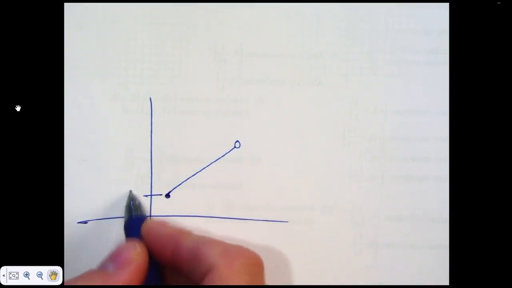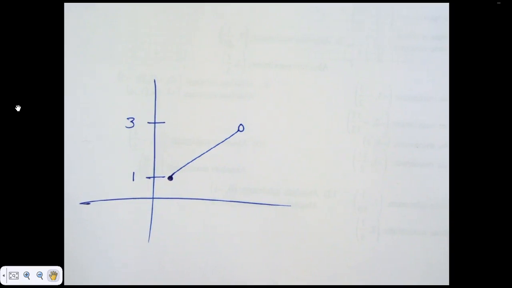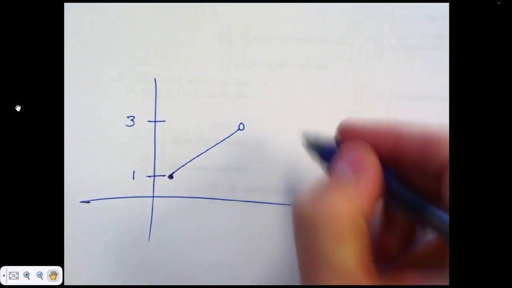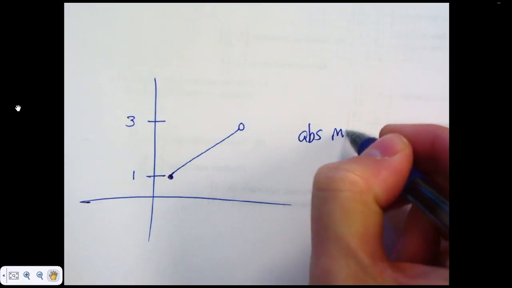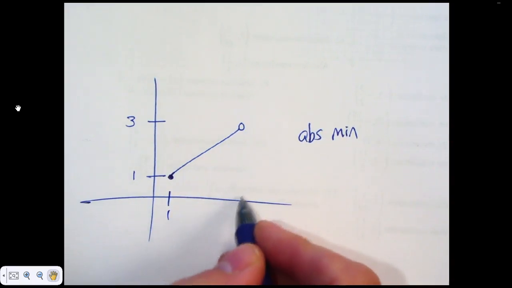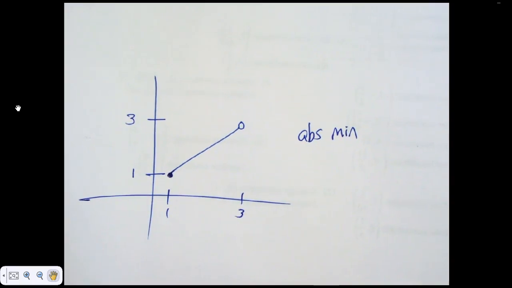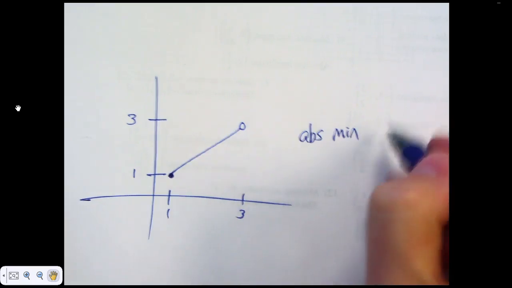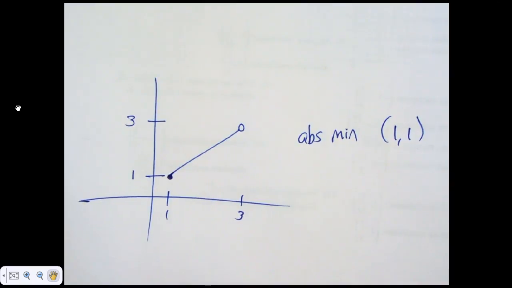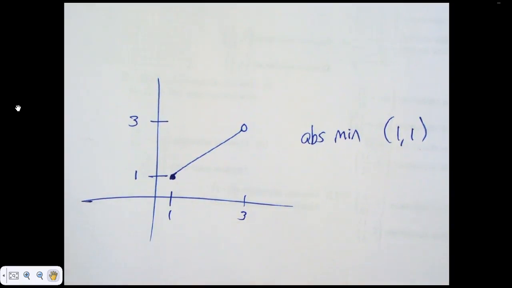Oh, there's one more thing we should go over too. Look at something like this. Let's say that y value is 1 and that y value is 3. Let's say this is 1 and 3 on the x-axis. So your absolute min would be at 1, 1, right? It's the lowest point on there.